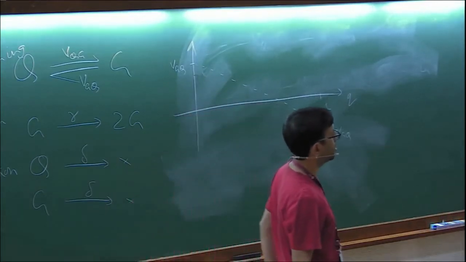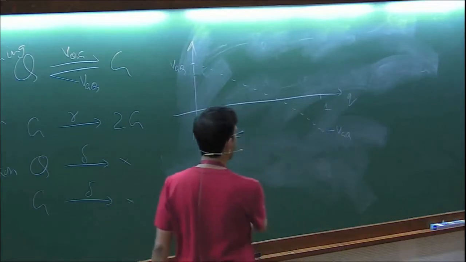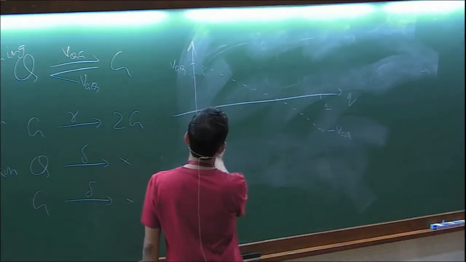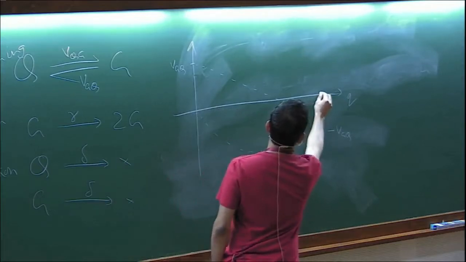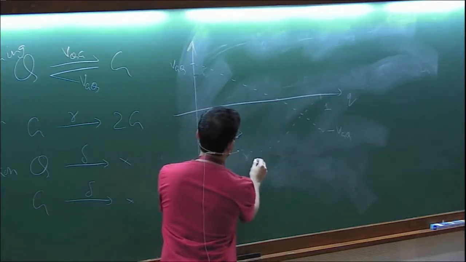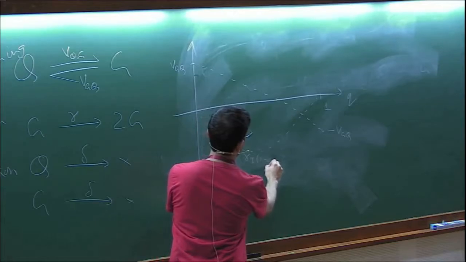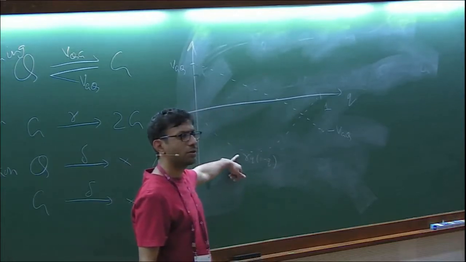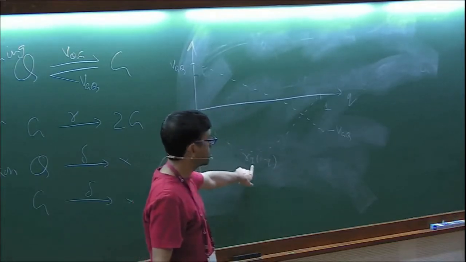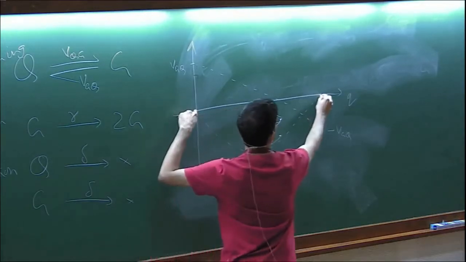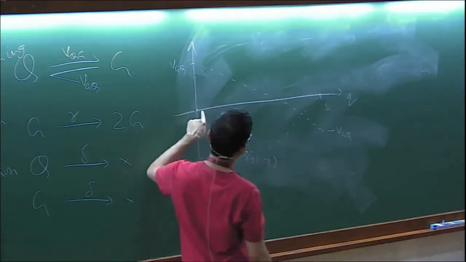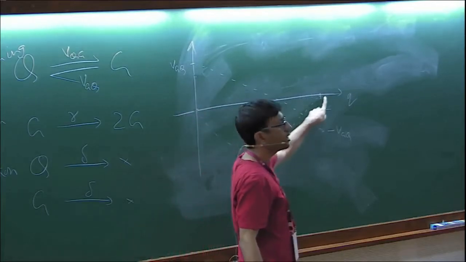What about the final term? The final term, gamma q (1 minus q), is going to be something that looks like this. Does that make sense to people? When q is 0 or q is 1, this is 0. So it's fixed there and there. And it is nonlinear in this fashion.